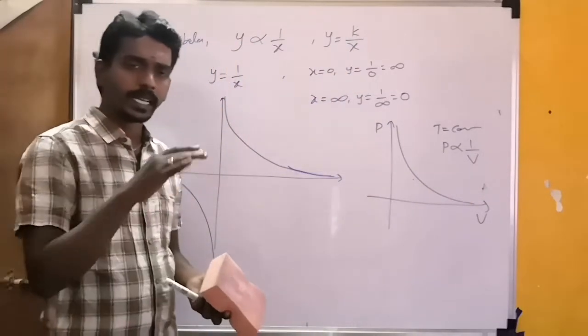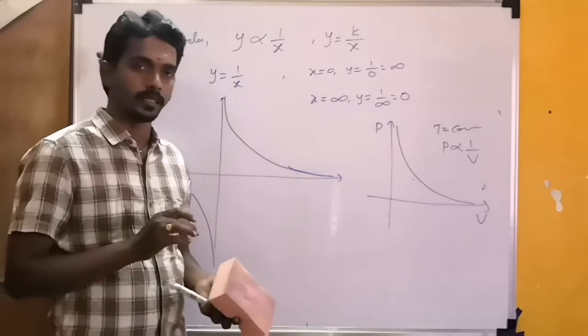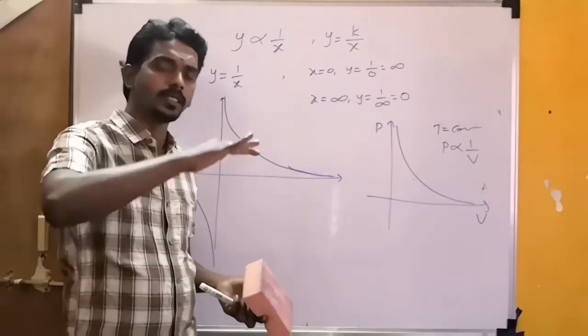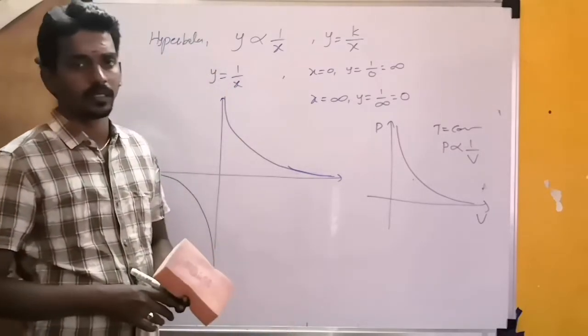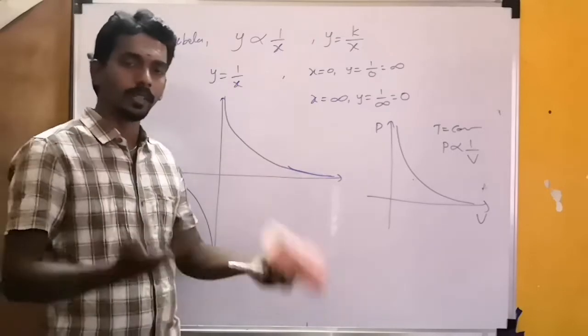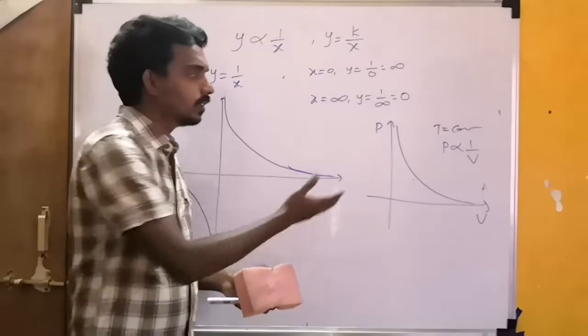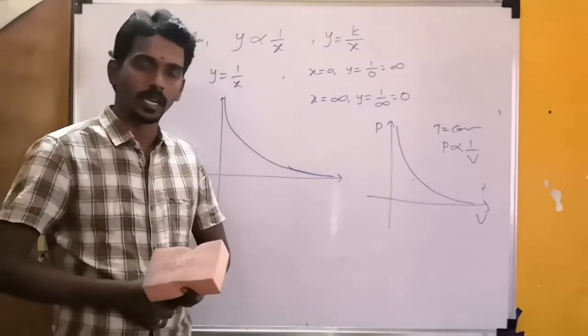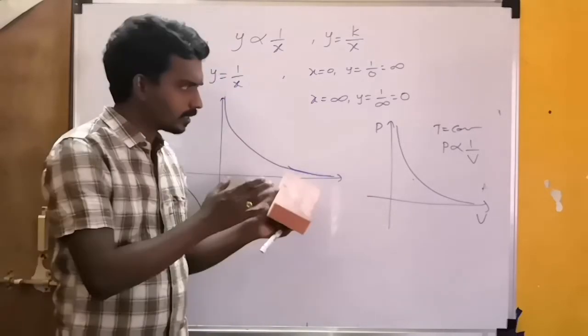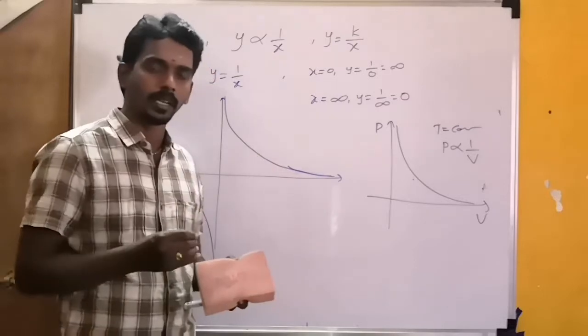As pressure decreases, volume increases. As pressure increases, volume decreases. So that kind of relation will come. Just an example, you might not know thermodynamics, but don't worry. It's just one physics example I am telling.